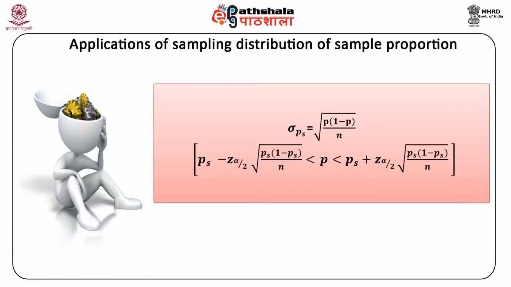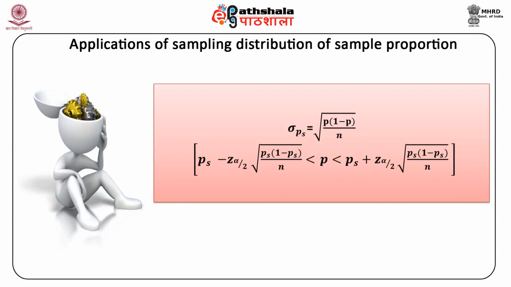Here it must be noticed that the standard deviation sigma of Ps, equal to the square root of p into 1 minus p upon n, involves an unknown parameter p. If n is large, a very small error is introduced if we replace p by Ps.